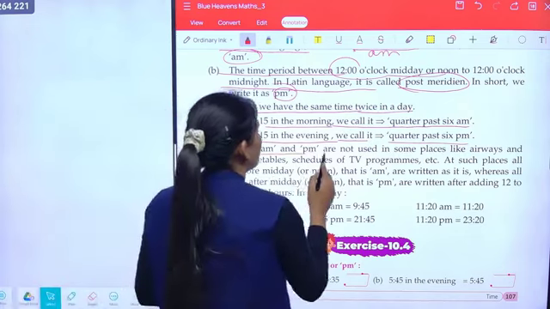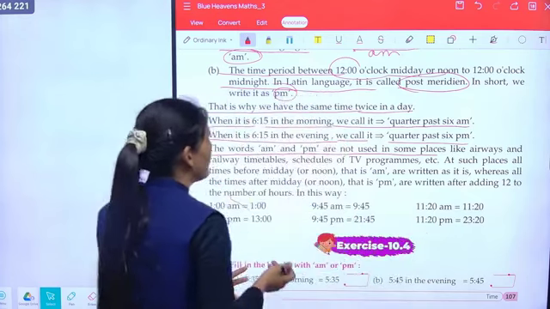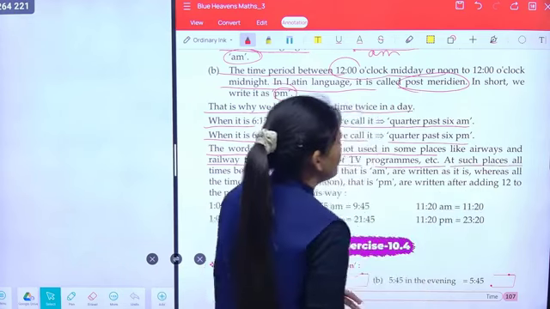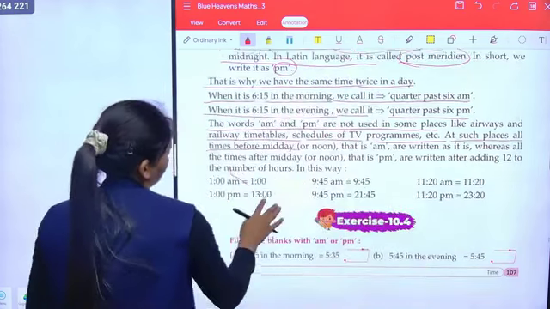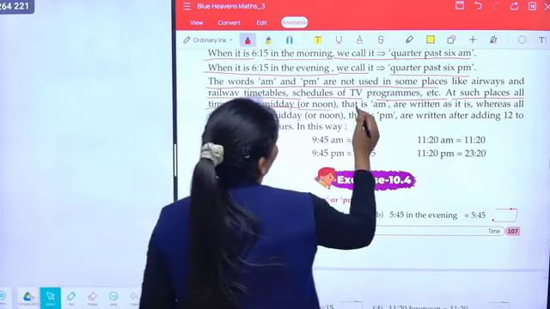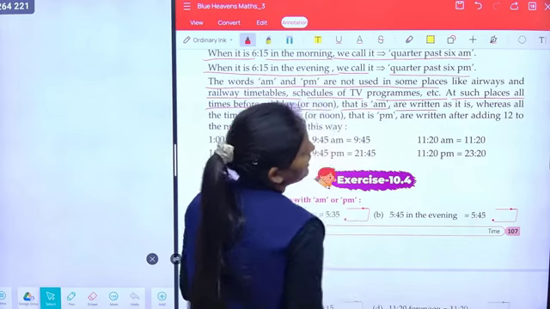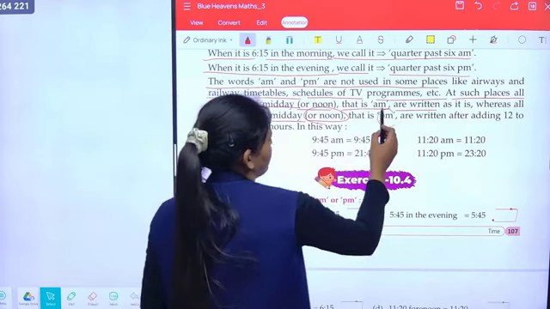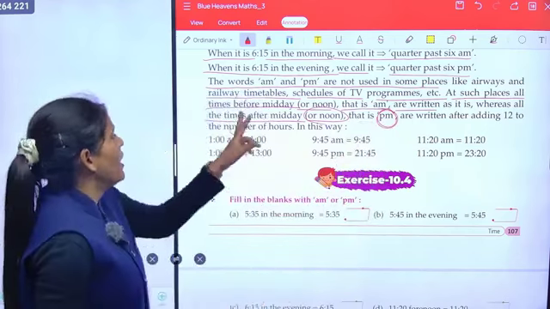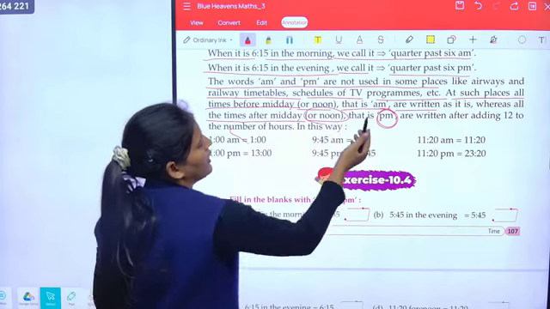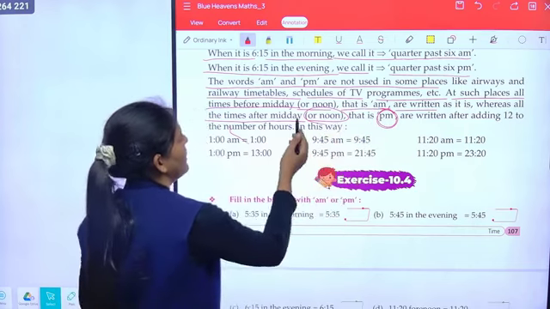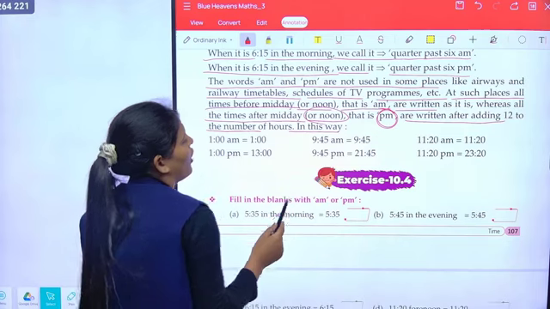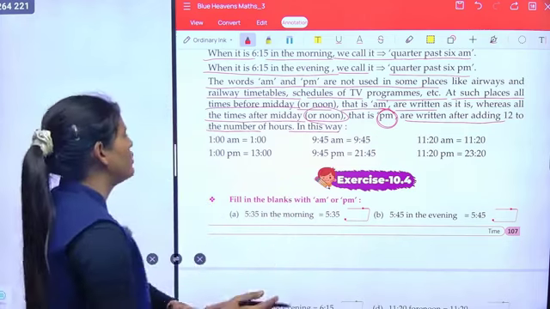The words AM and PM are not used in some places like airways and railway timetables, schedules of TV programs, etc. At such places, all times before midday or noon, that is AM, are written as they are, and all times after midday or noon, that is PM, are written after adding 12 to the number of hours.